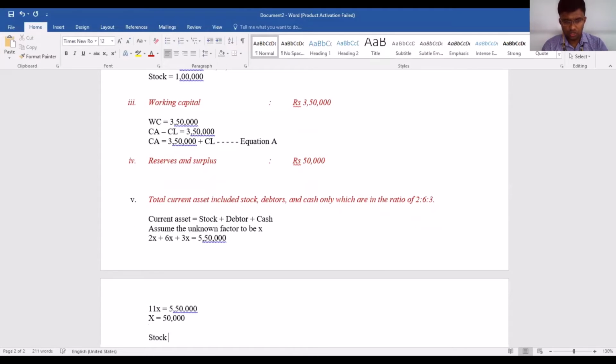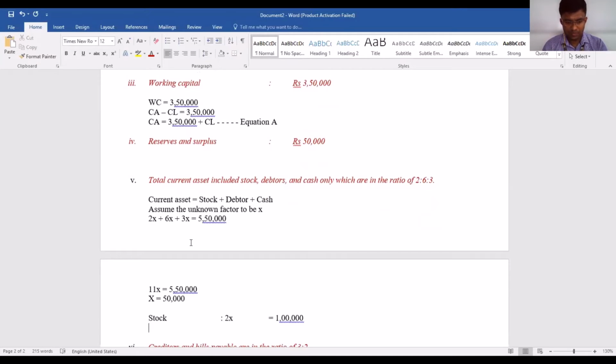Okay, so how much is stock? We know stock is 2x, and 2x is 1 lakh.